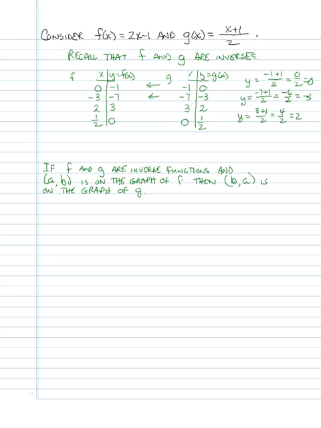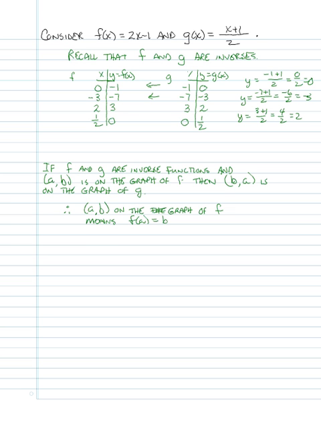Now, remember, another way to say this: a comma b on the graph of f means that if we use a as our x value and we put that into the function f, then our y value that's going to come out is b.